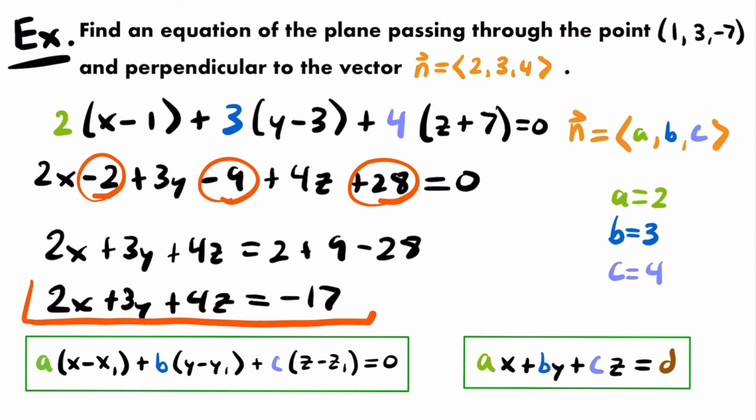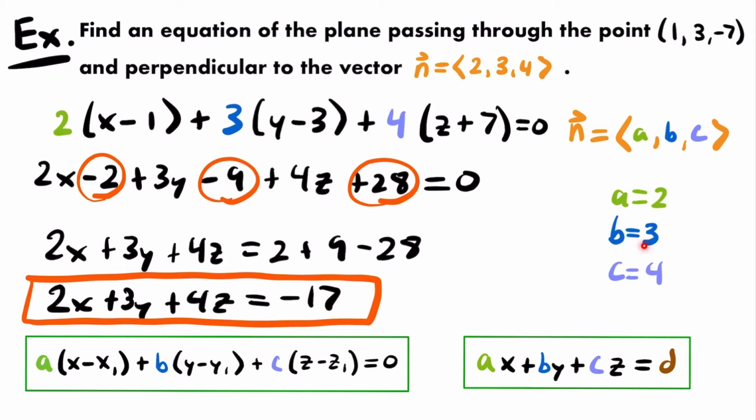And that right there is an equation of the plane passing through this point and is perpendicular to this normal vector. Okay, this is an equation of that plane in the general form. And you can see that this does match up with this right here. We have a times x, right? A was equal to 2, so we have 2 times x, and then we have plus b times y.